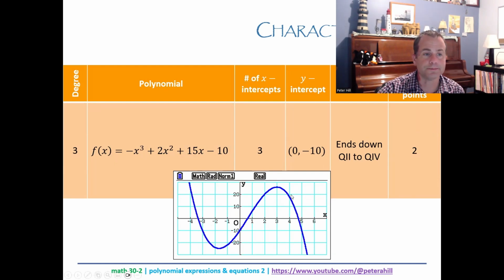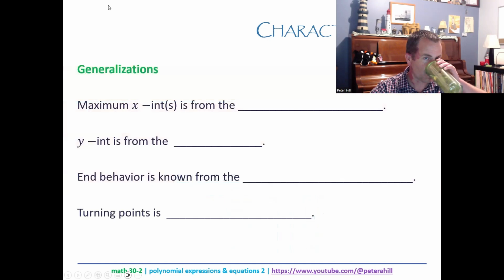Okay, so let's just walk through a few generalizations here. The maximum number of x-intercepts. Well, for degree 1, I want you to notice there was always 1. It went straight through. For degree 2, let me just draw this out for you and see if this will help you.